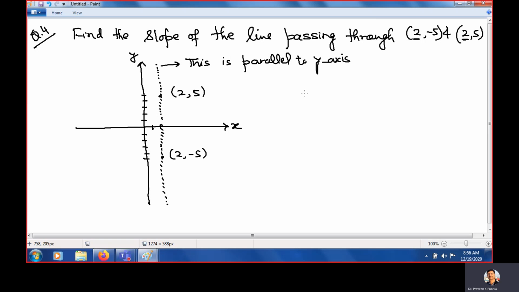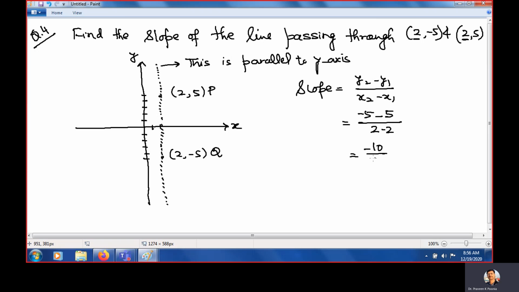Parallel to y-axis. So slope is equal to y2 minus y1 upon x2 minus x1. Clear? So y2 is how much? Minus 5. Let us take this is P, this is Q. Okay, you can choose any point P and any point Q. So P is, this is minus 5 and this is minus 5 upon 2 minus 2.